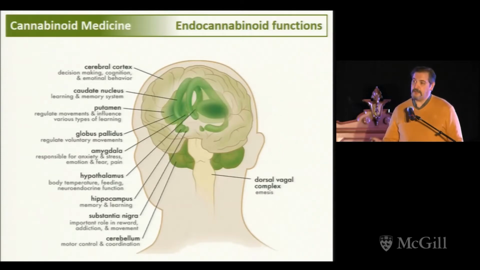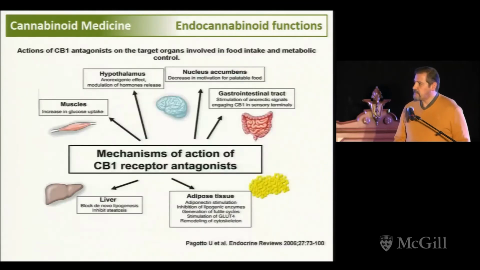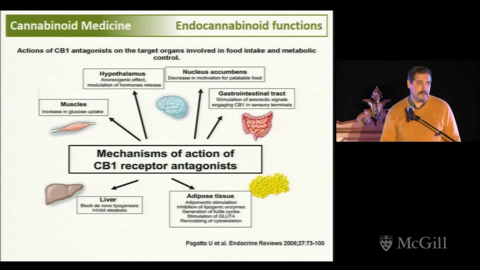So the endocannabinoid system is crucial for our normal homeostasis, for our normal well-being, but also for other functions like, for example, increasing glucose uptake, in particular through CB1 actions. It affects the sensation of hunger, of needing to eat, and also affects the way that we feel when we eat palatable food.